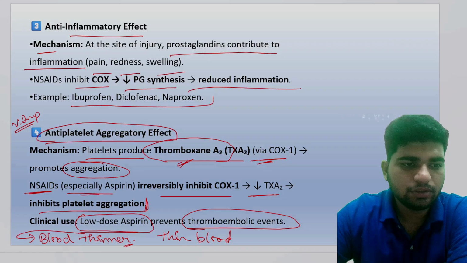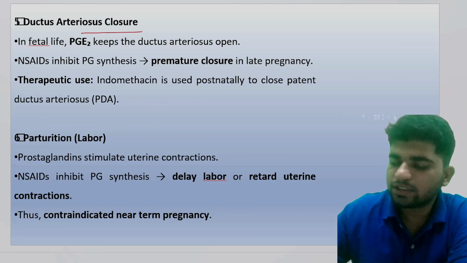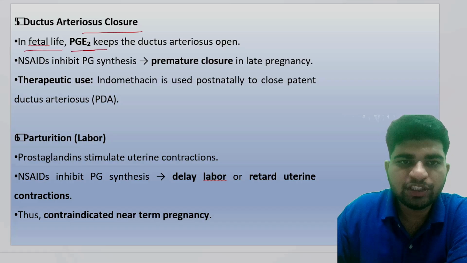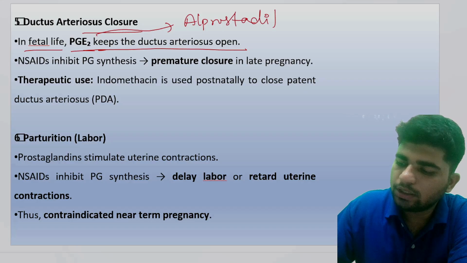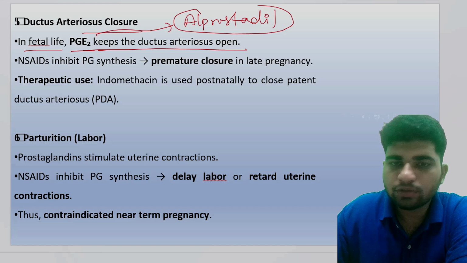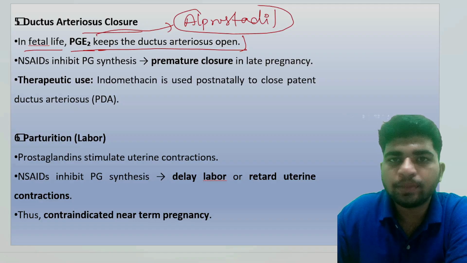All right. So ductus arteriosus closure. What is it? In fetal life, PGE2 keeps the ductus arteriosus open. Alprostadil is a prostaglandin analog which keeps the ductus arteriosus open. All right, because the fetus gets blood through the mother only.